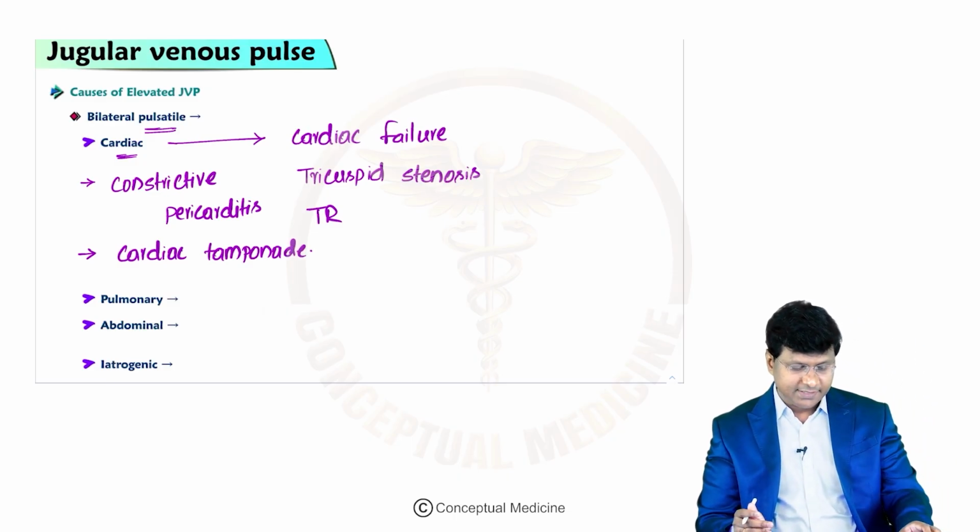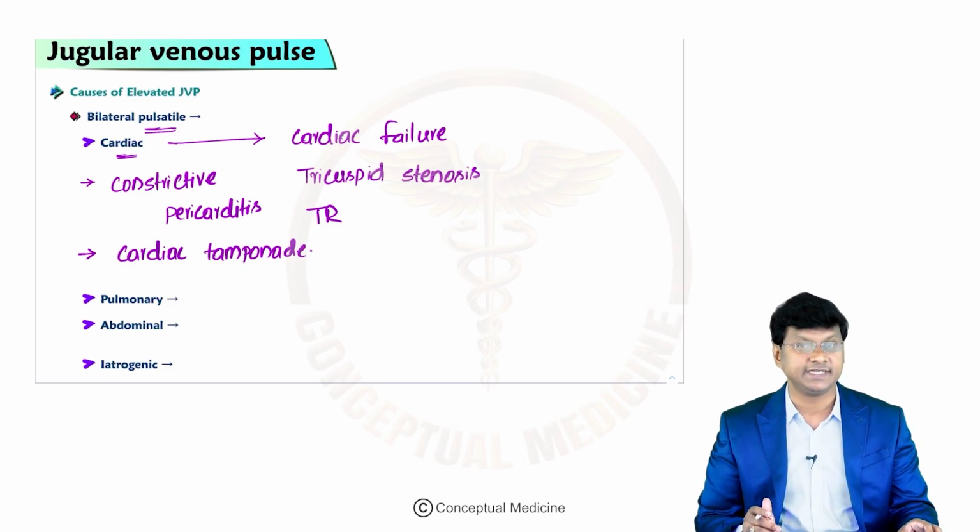Okay, so these are the cardiac causes for bilateral pulsatile increase in the JVP.